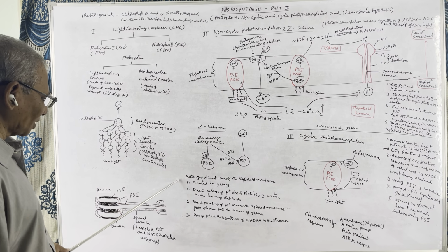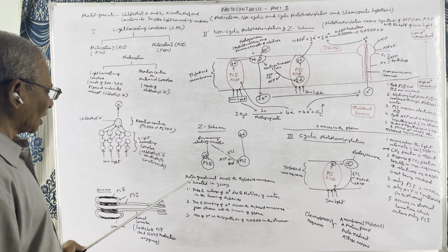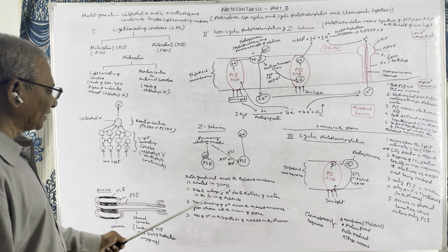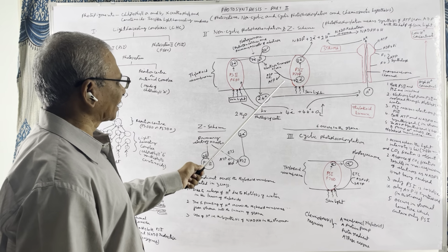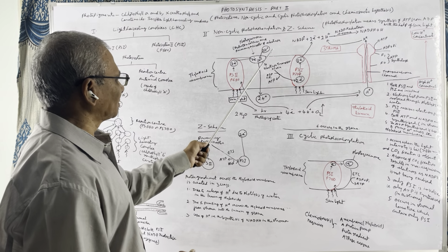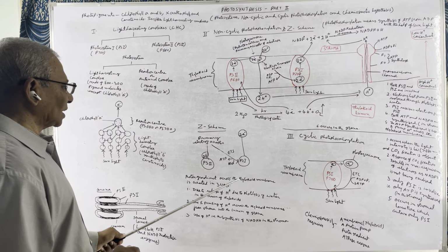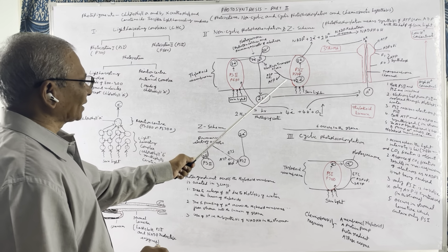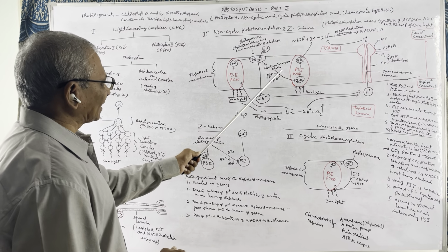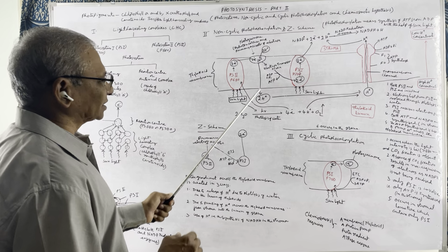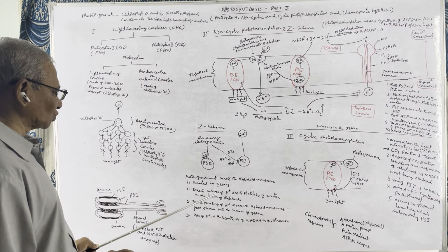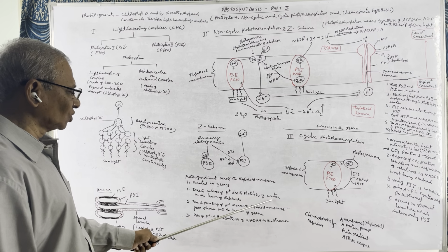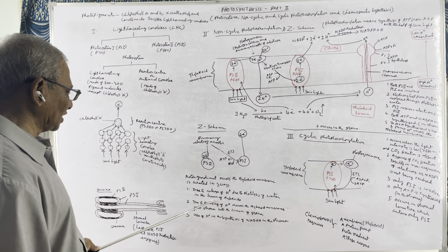Then, again they have given points. How the proton gradient is established across the thylakoid membrane. Already I have explained. Again I explain one more time because it's very important. The proton gradient is maintained across the thylakoid membrane in three ways. First way is due to release of hydrogen ions due to photolysis of water in the lumen of thylakoids.